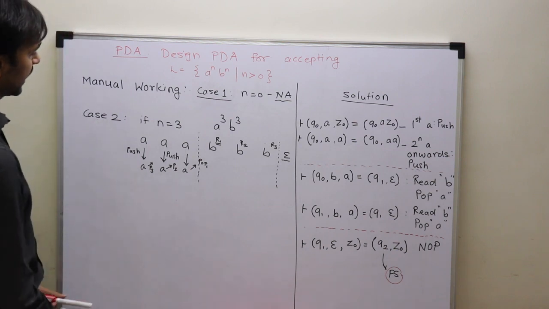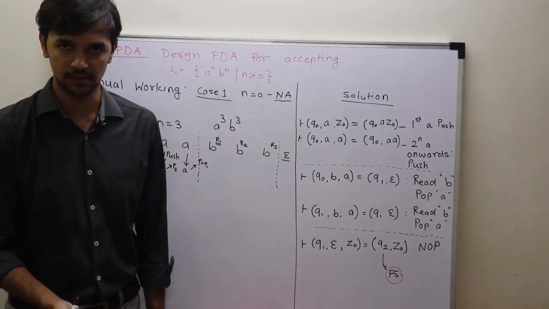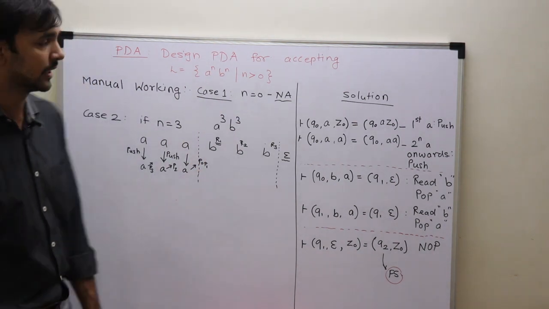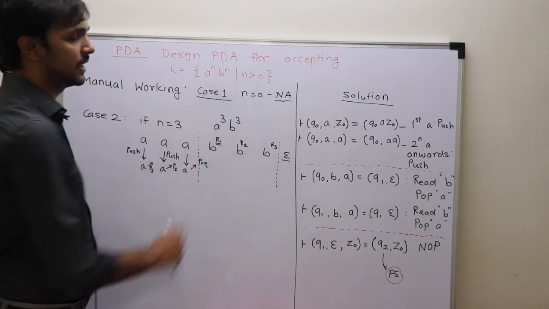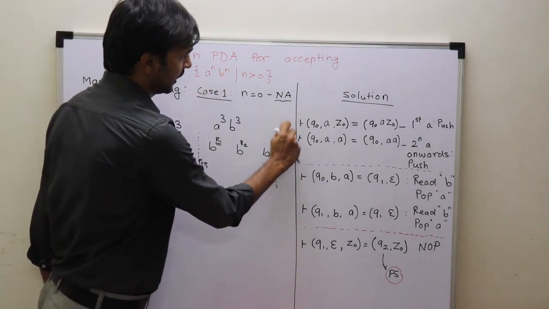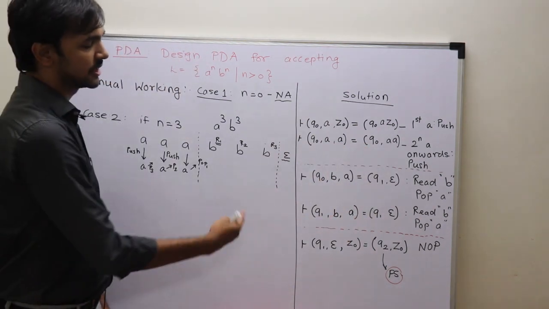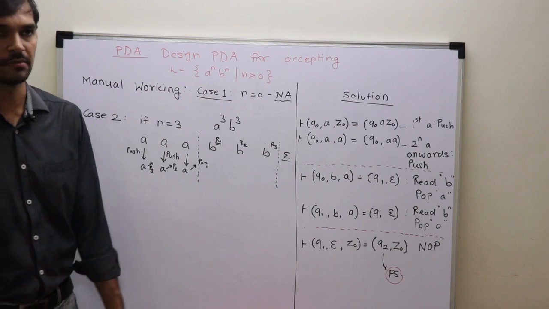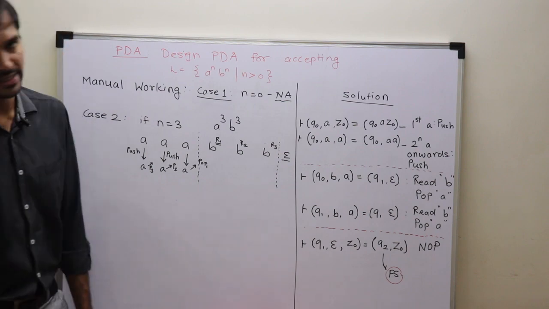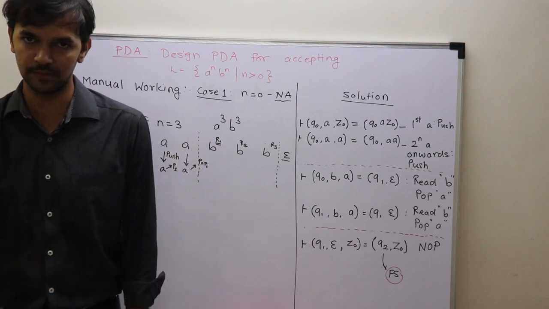This particular solution does not take care of the irregularities. For example, when I consider there are more A's than B's, or the other irregularity might be that there are more B's than A's. In that case, it will get stuck in Q0 or in Q1 and doesn't reach a final state. The moment the machine does not reach a final state, it is a simple indication that this particular pattern is not acceptable.